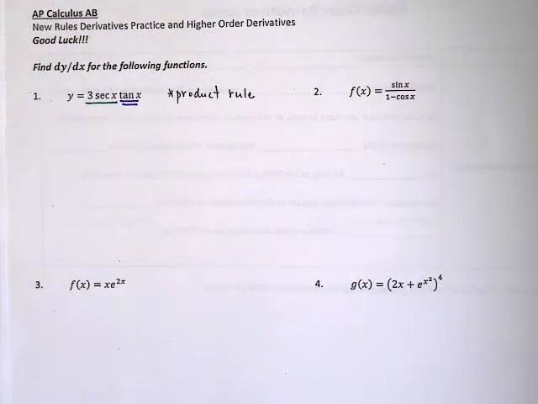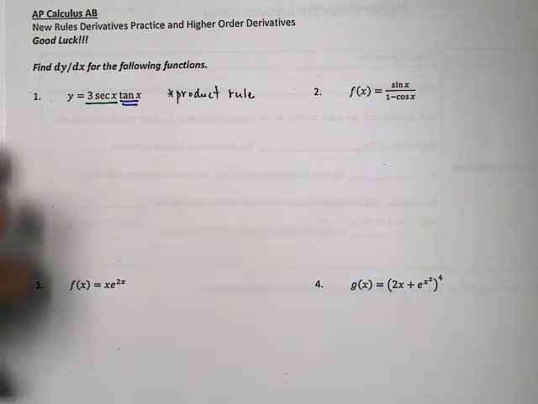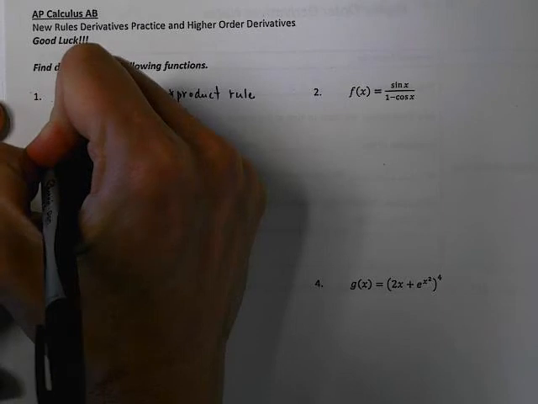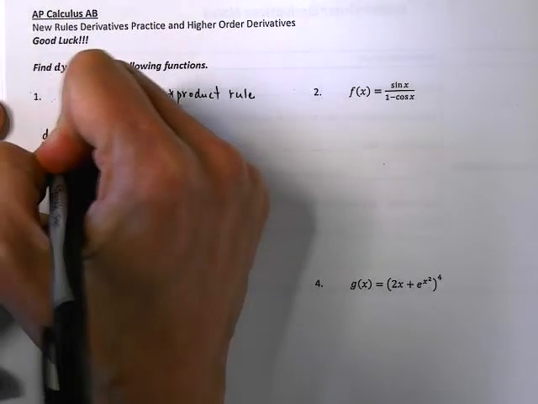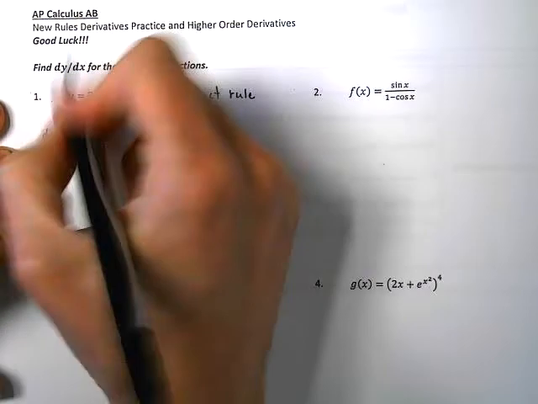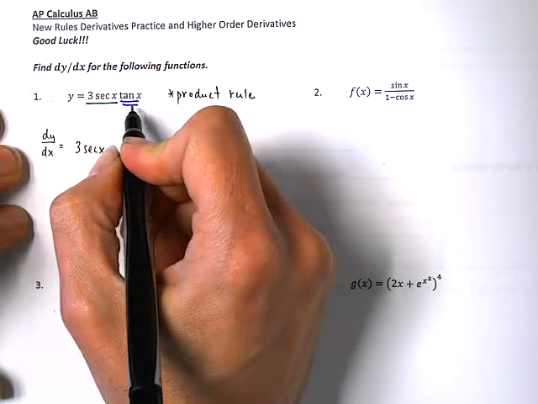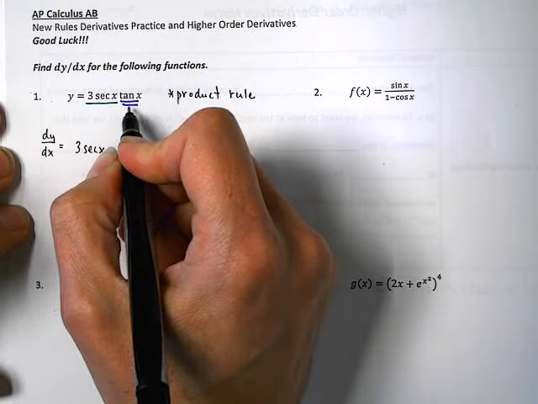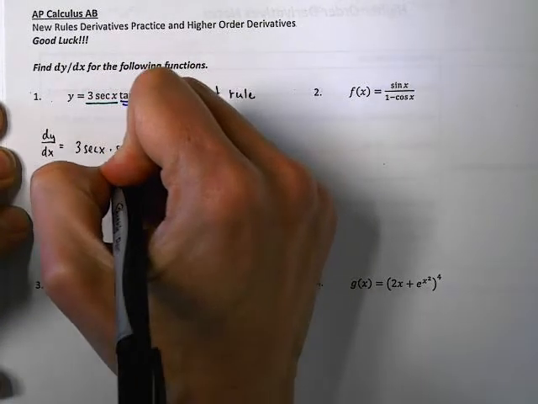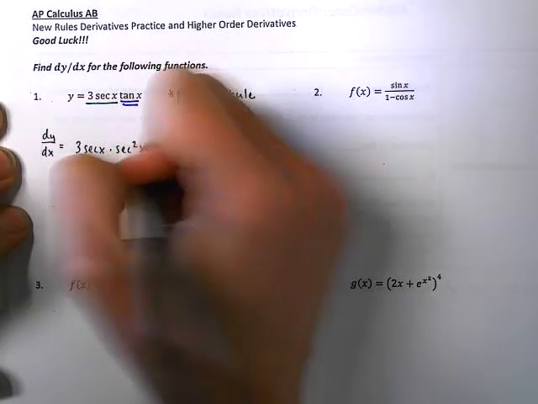So I'm using the product rule along with those derivatives of trig functions that you learned a couple days ago. So my derivative dy dx, product rule says I take the first function, so 3 times the secant of x, times the derivative of the second. The derivative of tangent is going to be secant squared of x.